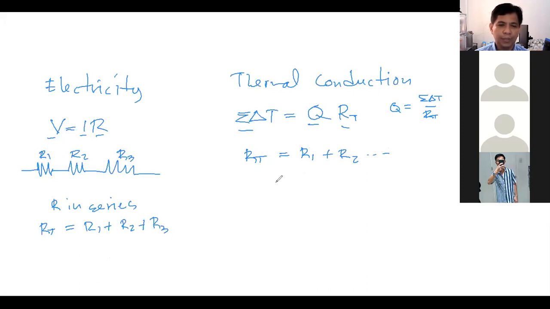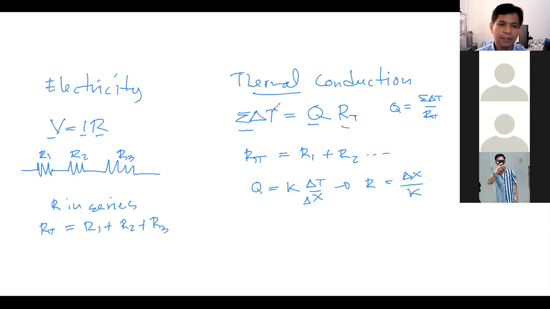Kasi di ba ang Fourier law of thermal conduction ay Q, ito yung flux natin, ay equal sa K, thermal conductivity, tapos meron tayong delta T divided by X. So ang sinasabi ko lang dito, yung R natin, sa thermal conductivity ay delta X divided by K. Tandaan niyo pa ba?